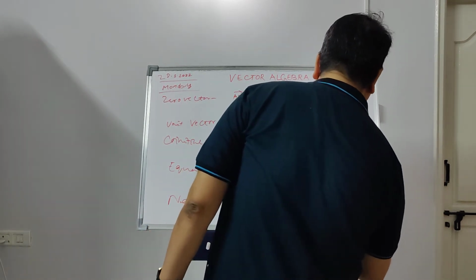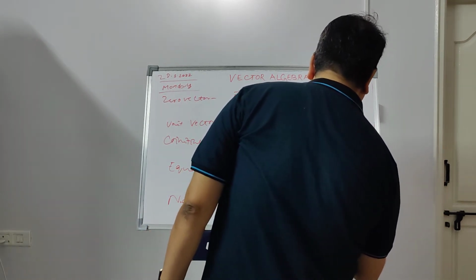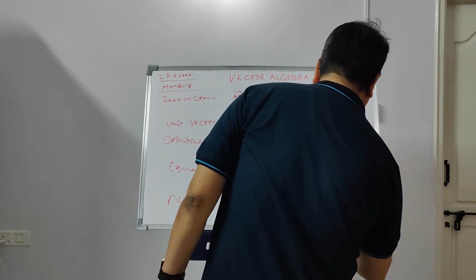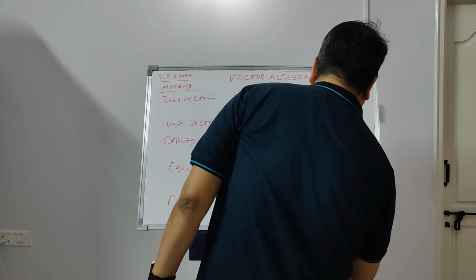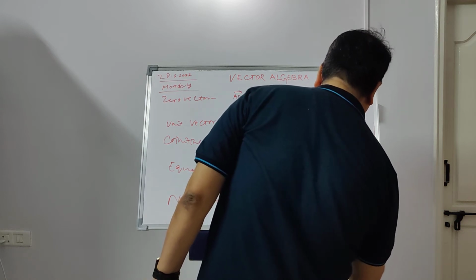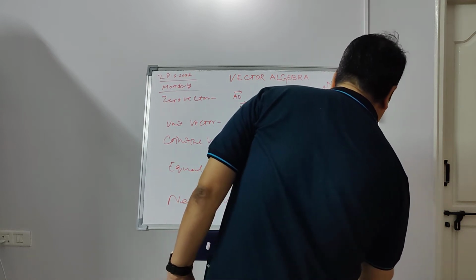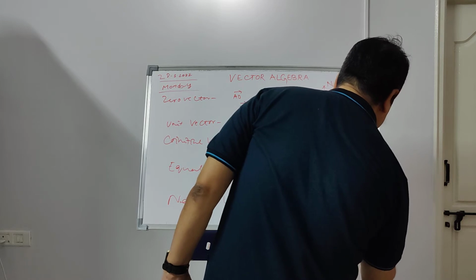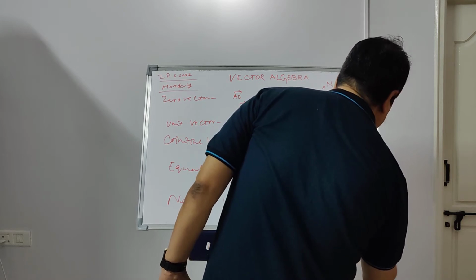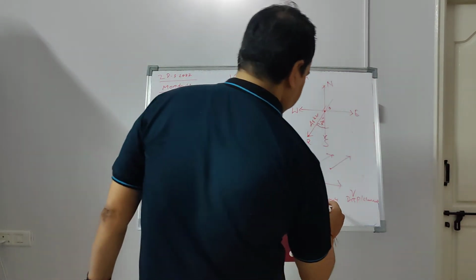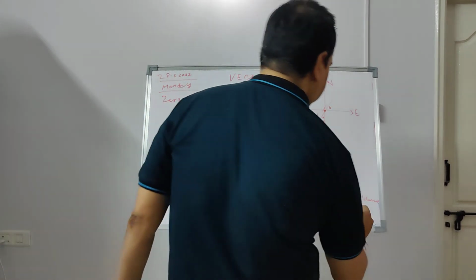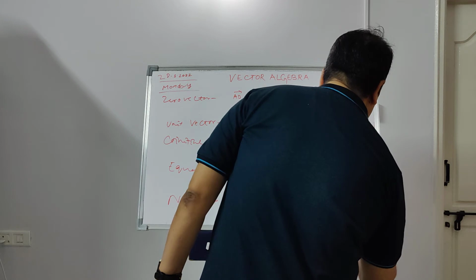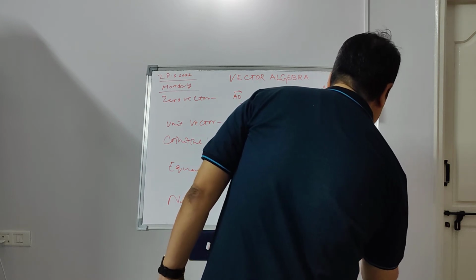So let us start with scalar and vector. Distance is scalar, but displacement is vector. Speed is scalar, but velocity is vector.